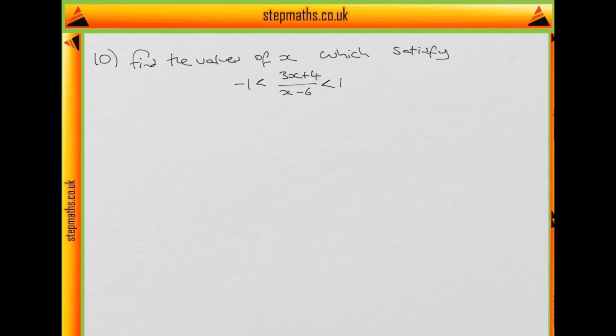So let's do that. Let's consider first the left-hand side, the part of (3x plus 4) over (x minus 6) being greater than minus 1.